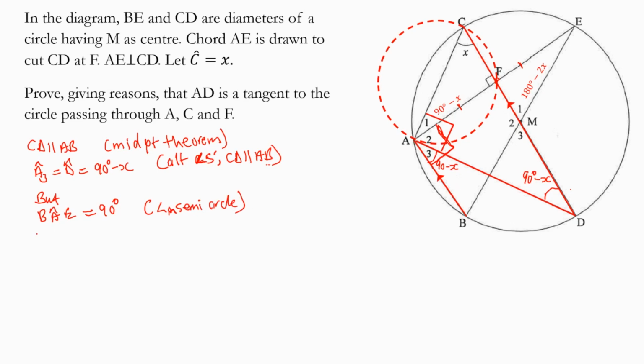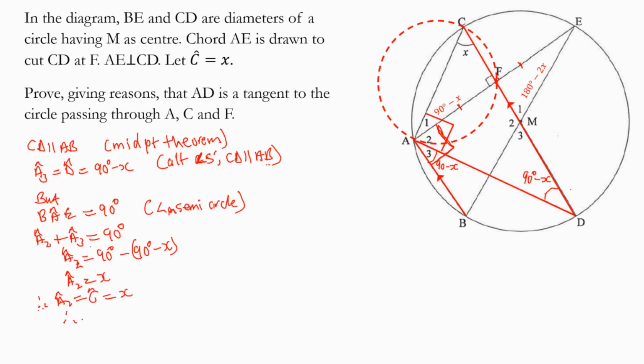So now we can say angle A2 plus angle A3 is equal to 90 degrees, and angle A2 is equal to 90 degrees minus angle A3. Angle A3 is 90 degrees minus x. Then we find that angle A2 is equal to x. Therefore, angle A2 is equal to angle C is equal to x.